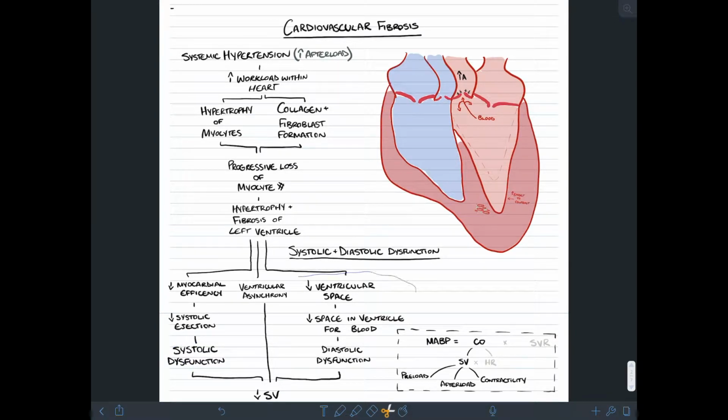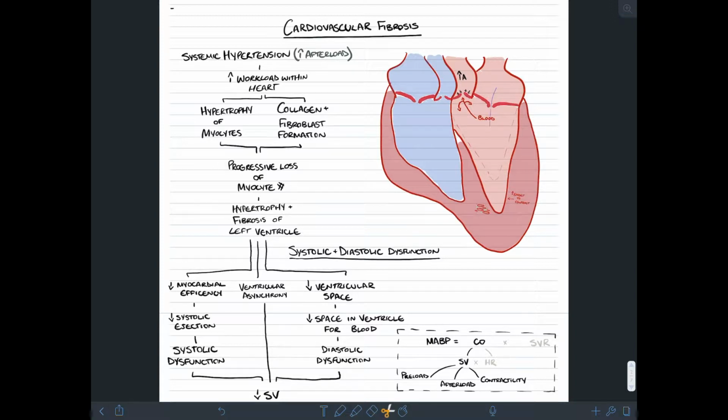So on the contrary, we also see diastolic dysfunction, and that is due to the hypertrophy involved. So we see a dotted line here, and this is representing the hypertrophy that will occur within the ventricle. So as we can see here, if we hypertrophy, we start to lose ventricular space, some real estate involved, and because of that, we start to lose blood space.